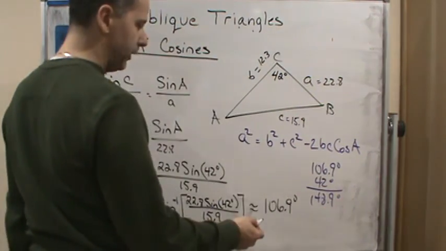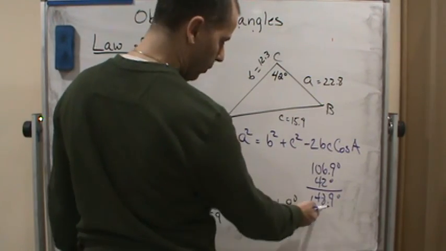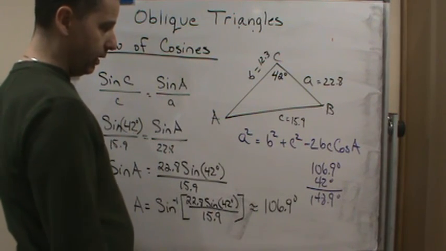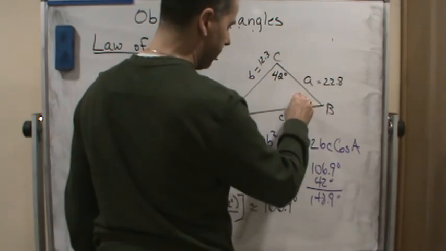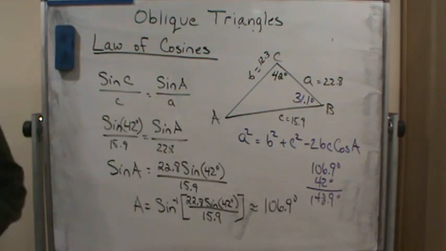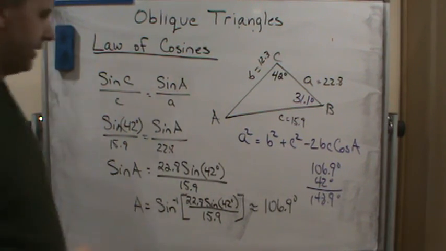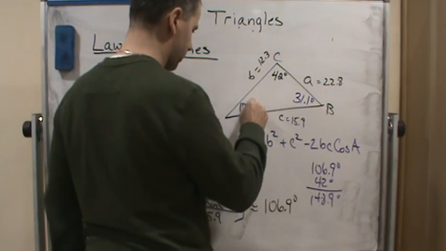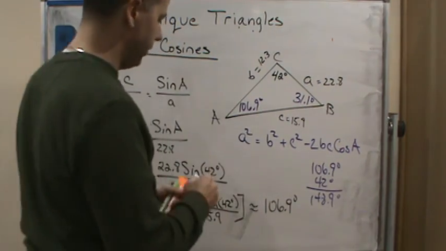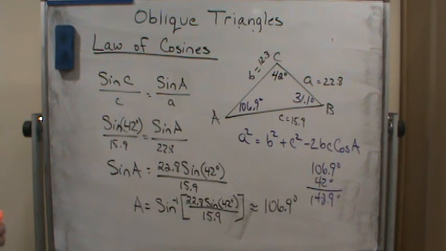And so angle B, I'm going to subtract that from 180. That's going to give me 31.1. So this is going to be 31.1 degrees. And that's it. So this is 106.9 degrees. There you go. And I solved the triangle.